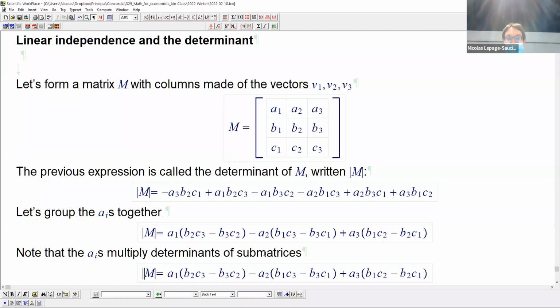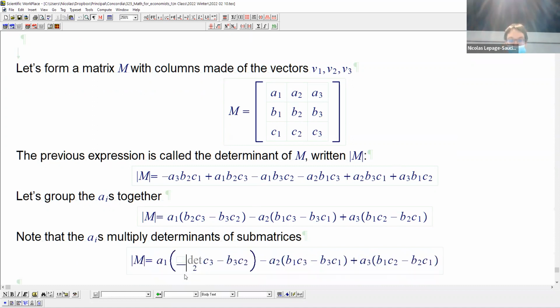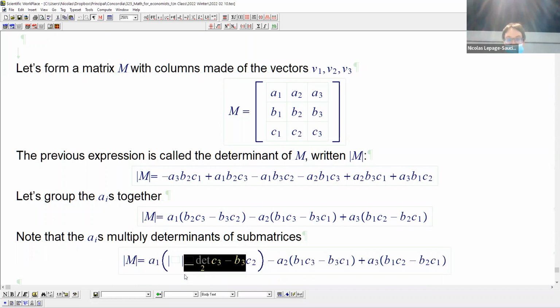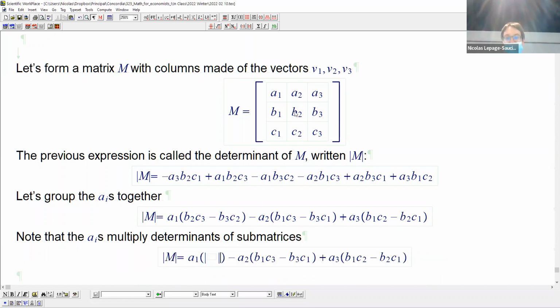So this is B2 C3 minus C2 B3, that's the determinant of this submatrix there.